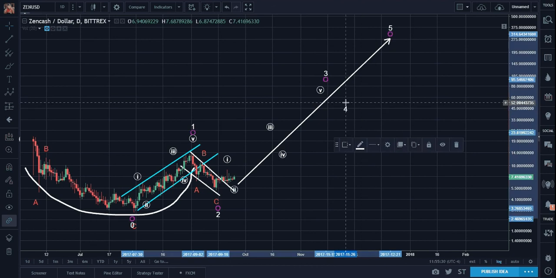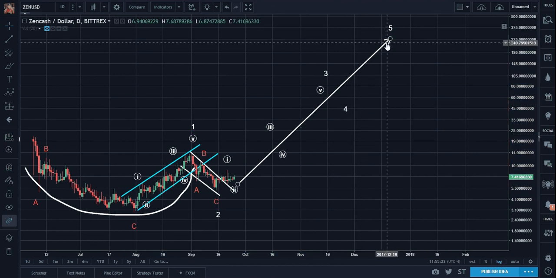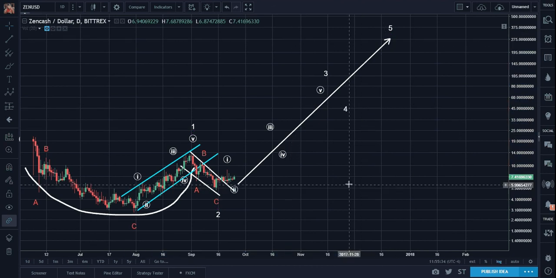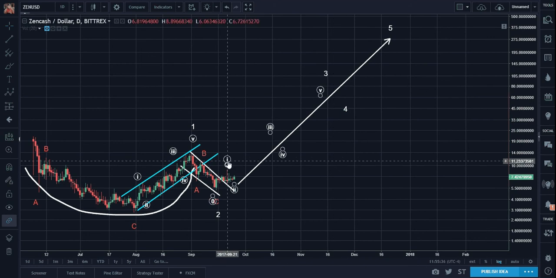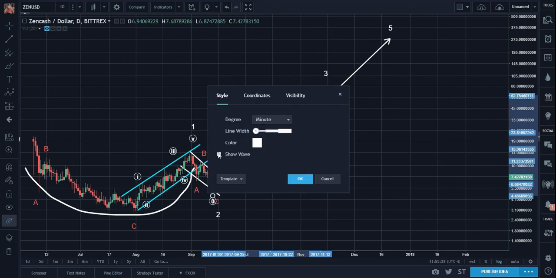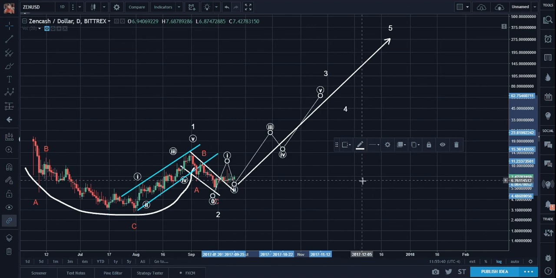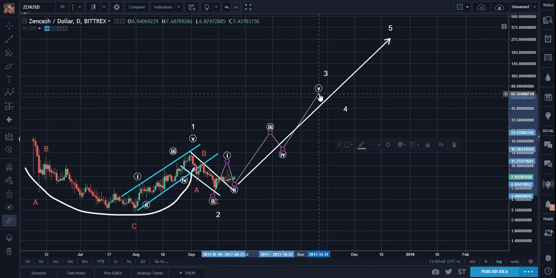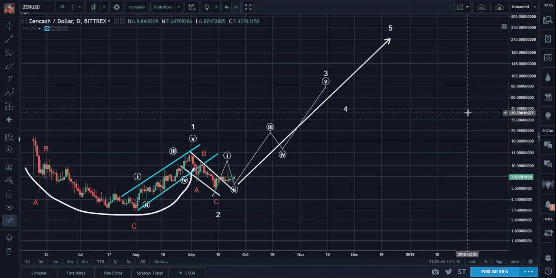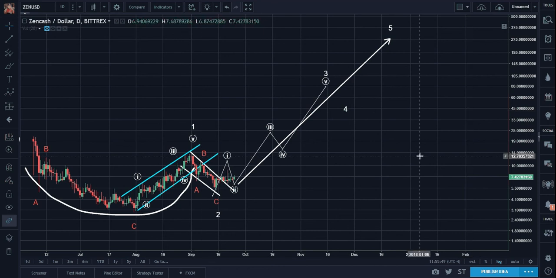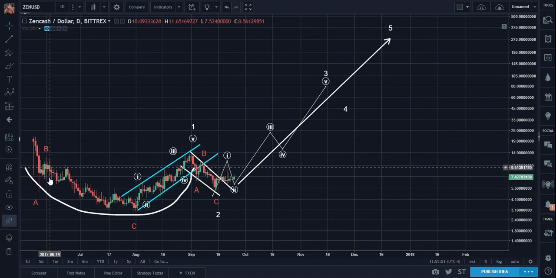Again, much of the pathway and the height will depend on Bitcoin. Why? Bitcoin is the moon that moves the tides of the cryptosphere ocean. And Zencash is no exception, because it too is swimming in that cryptosphere ocean, and the tides of that ocean are moved by Bitcoin.